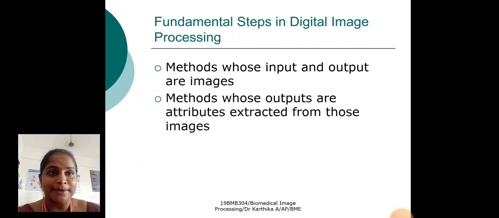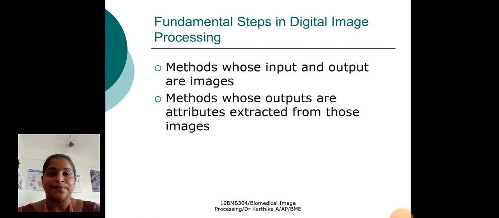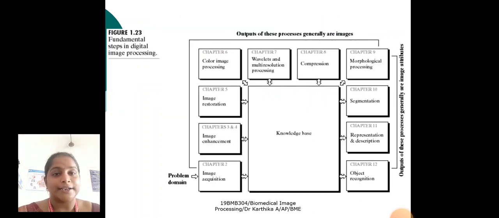Here, the fundamental steps in digital image processing. Here we have methods whose input and output are images, and methods whose outputs are attributes extracted from those input images. This figure shows the fundamental steps. First we have a problem domain.